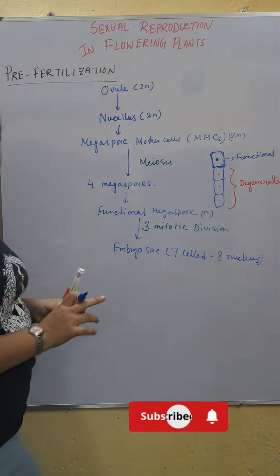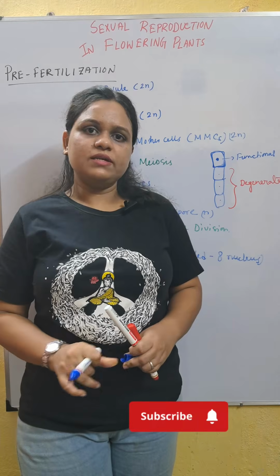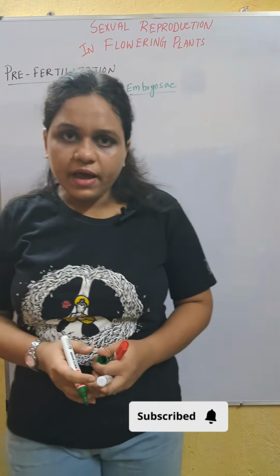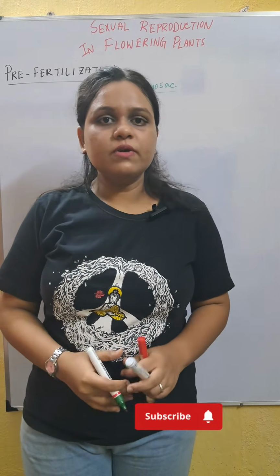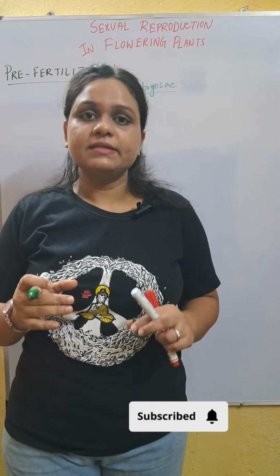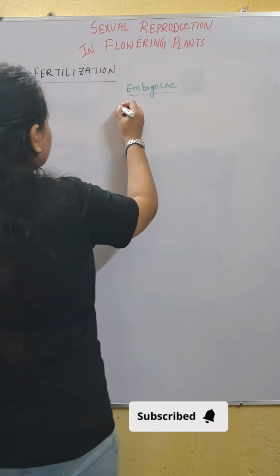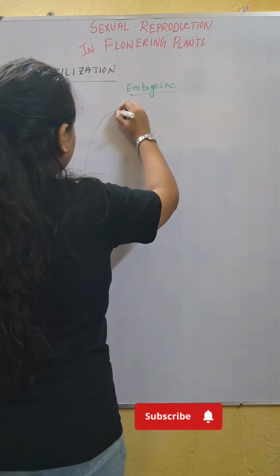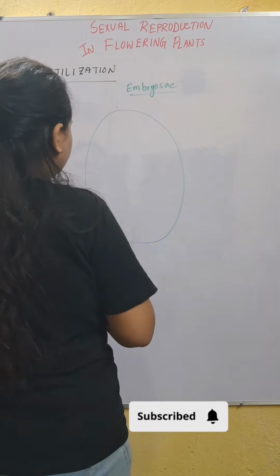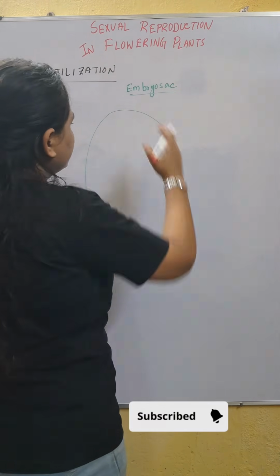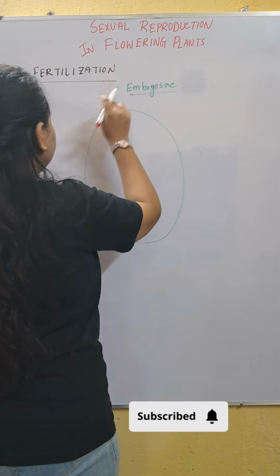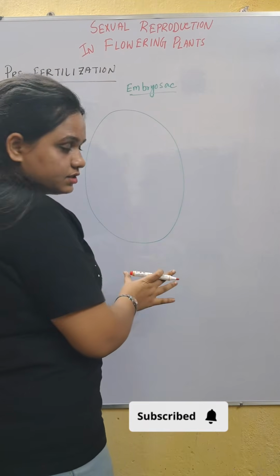Now let's have a brief look at the embryo sac. The embryo sac is an oval structure in which we will find different types of cells and nuclei. Here I am considering this part of the ovule to be the micropyle and here it is the chalaza.